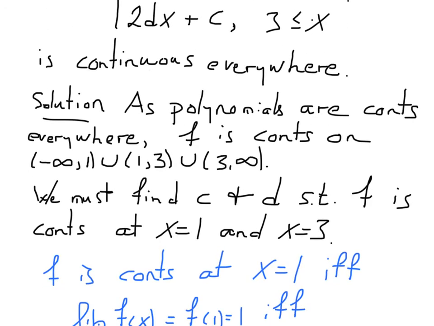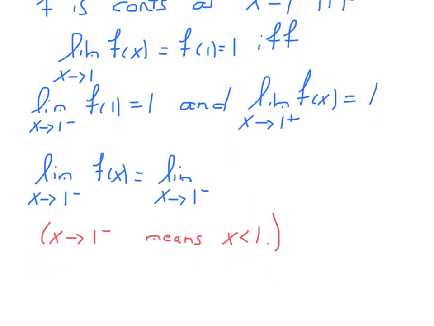All right, so when we calculate this limit, we'll use cx cubed minus dx for our formula for f. So this is equal to the limit as x tends to 1 from the left of, as we said, cx cubed minus dx. And if you calculate this limit at 1, what do you get?